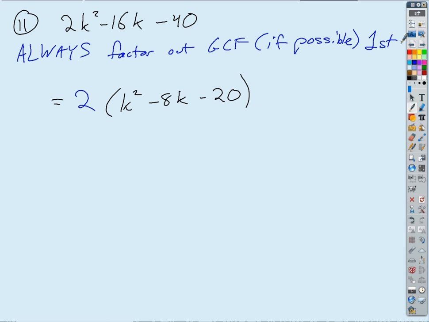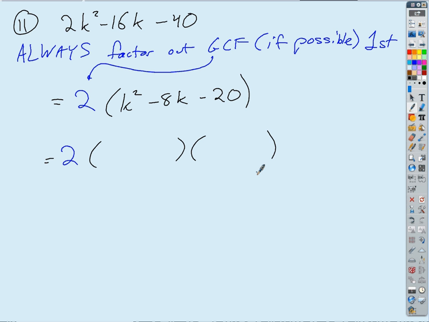Always factor out the GCF first, if possible. Right, so in this case, it was 2. All right, now can we go any further? Yeah. So if I'm trying to write this in factored form, that 2 is stuck there. And that's a real common mistake that people make, they forget the 2.